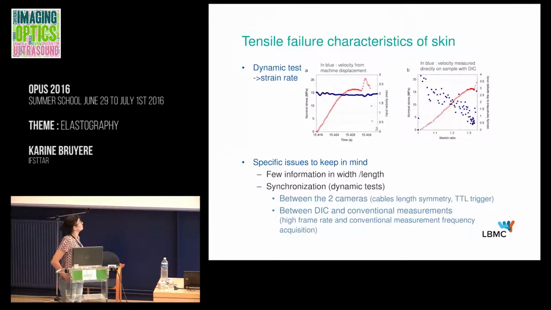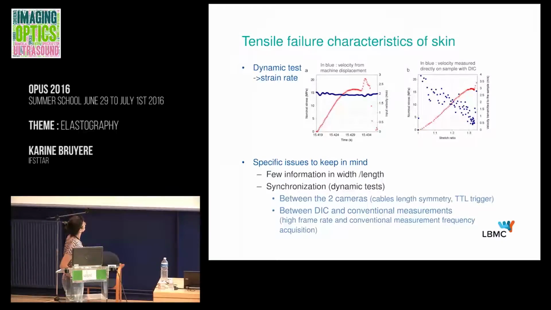Another piece of information useful for us from the DIC is to assess the real strain rate applied to the samples. Here on the left, you've got the nominal stress from the load sensor. You can see a peak at the end of the curve, and we had difficulties explaining this behavior.